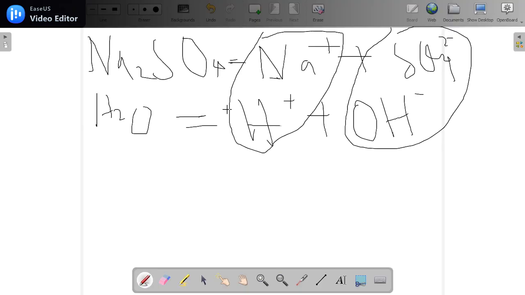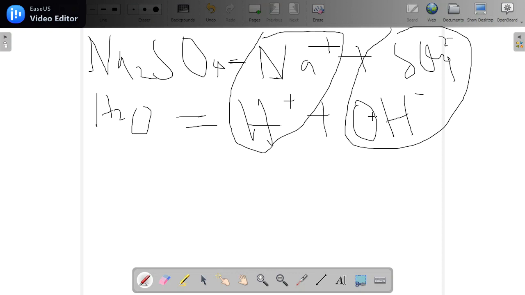In electrolysis, one of them will be transferred to one of the electrodes, and the other will be transferred to the other electrode, because the cathode receives positive ions while the anode receives negative ions. So what we're trying to determine now is which of the ions is going to be selected, is going to be discharged for the electrolysis process.